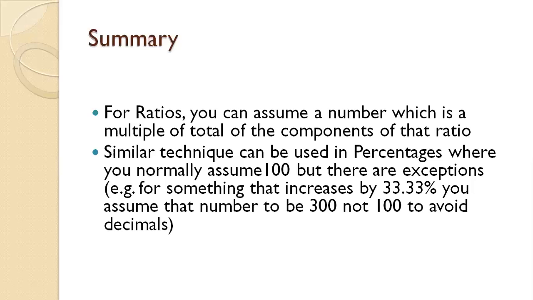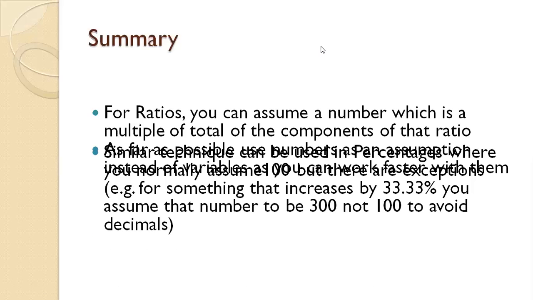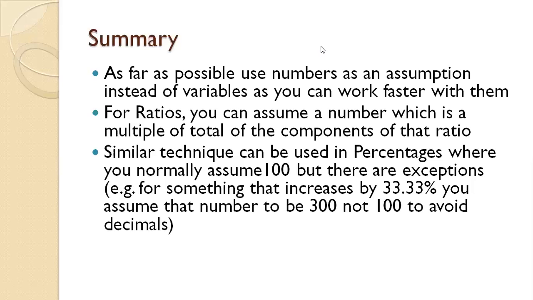So that 33.33% of 300, which is 1/3, will be 100. So you avoid decimals, and integers are much easier to work with than decimals. So as far as possible, you use numbers as an assumption instead of variables.